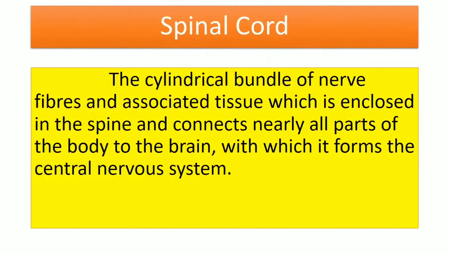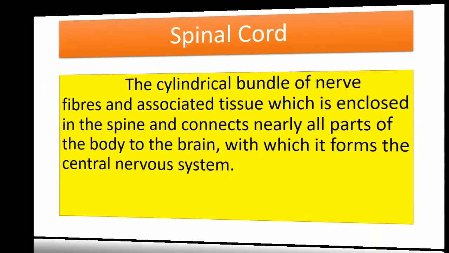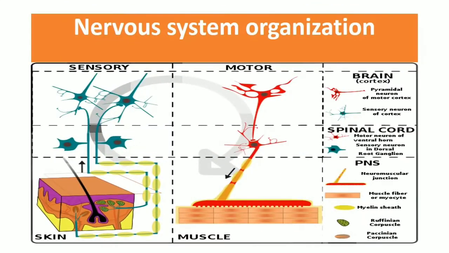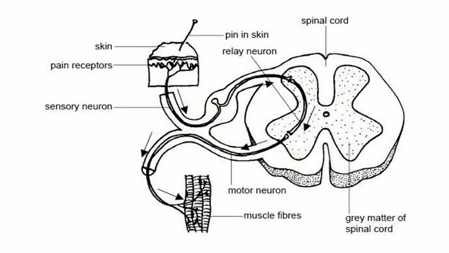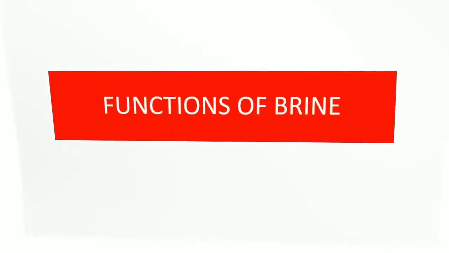Then just talking about the spinal cord, and then the nervous system organization, which we will explain in our next video, that is from Monday. So on Monday I will take all your problems. So in this video, if you have any problem related to your brain structure or neurons, please put it in the questions.